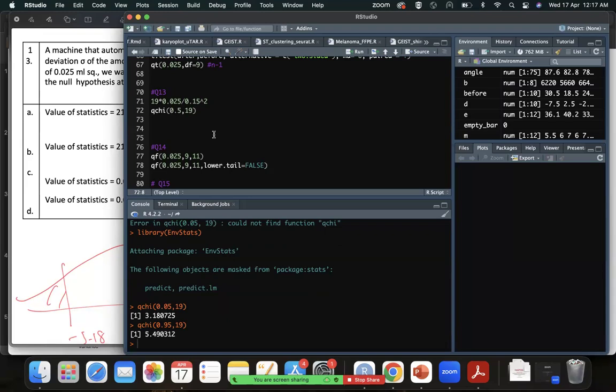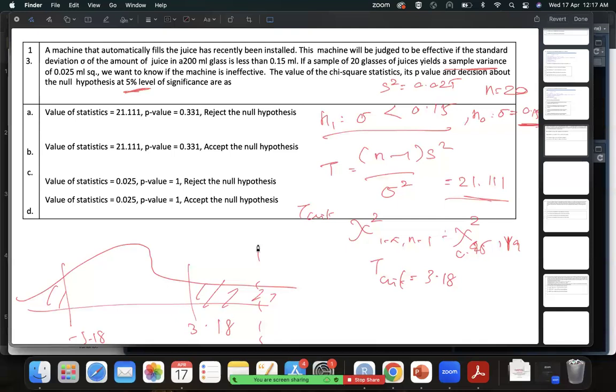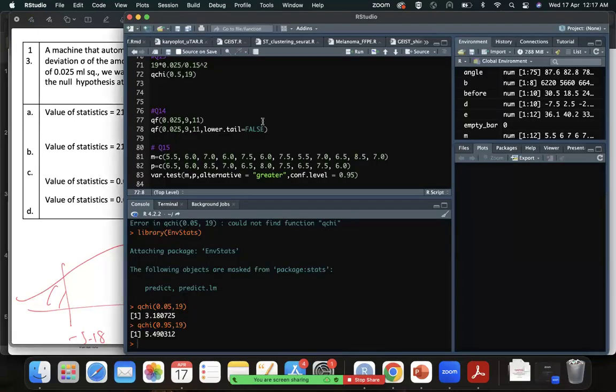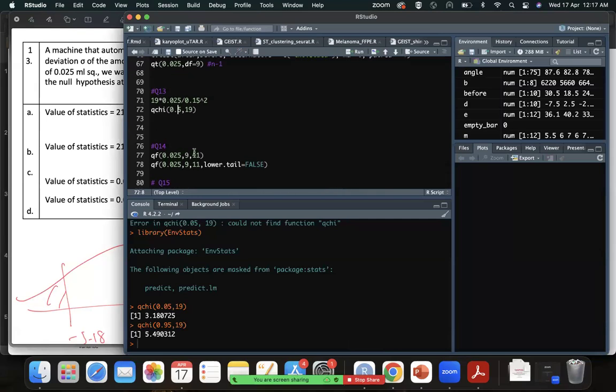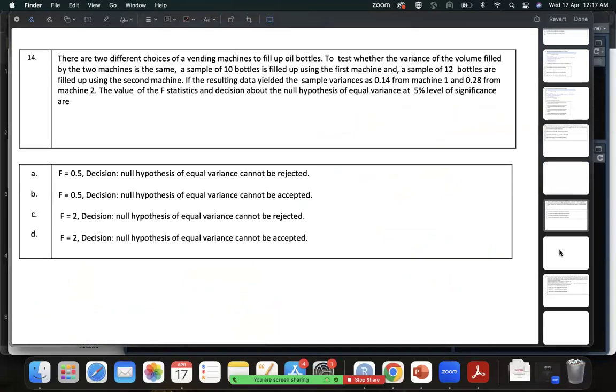Yeah, I'm not sure if I'm doing this right. I'll confirm this later. Okay, I'm not sure about this. Yeah, I'll get back to you. I'll confirm question number 13. Okay, let's just go to question number 14.